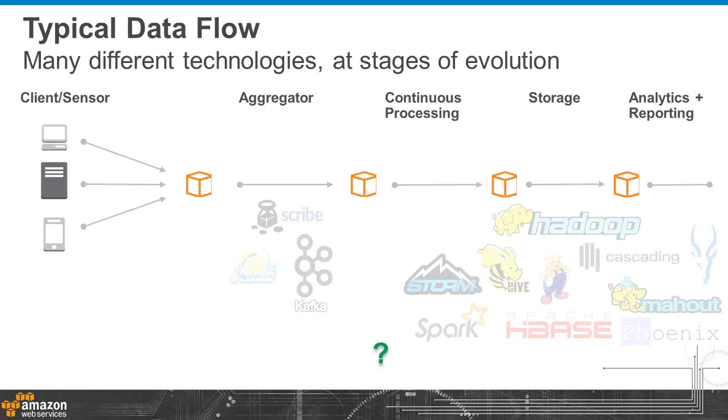Invariably, data in that form, raw or pre-processed, ends up being stored on a longer-term basis, onto which a variety of different analytics and reporting tools are then applied to draw out business-specific insights. There are a whole variety of different technologies, different solutions at varying stages of evolution that are in play here.